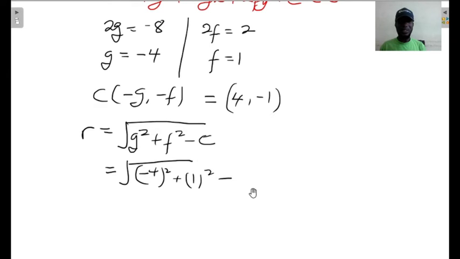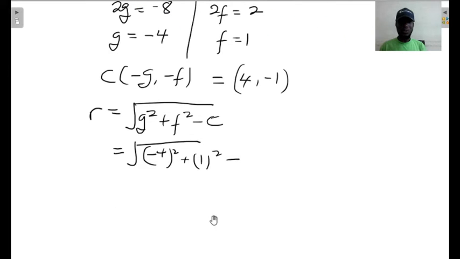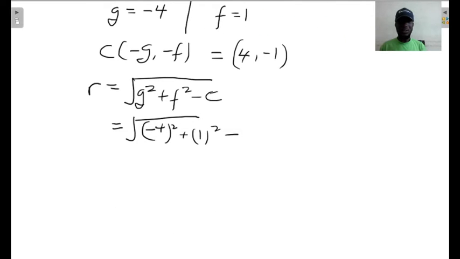And from here, c is the constant in our equation, and that is 13. So minus 13. Remember, the square root is over all of them. So this will give us the square root of negative 4 squared, which is 16, plus 1 minus 13.